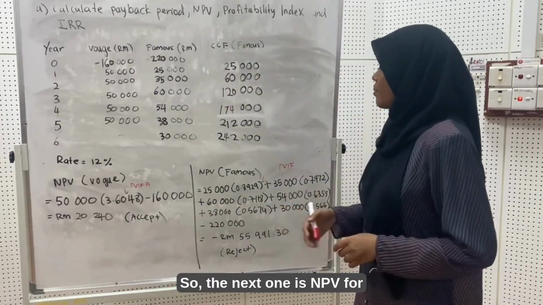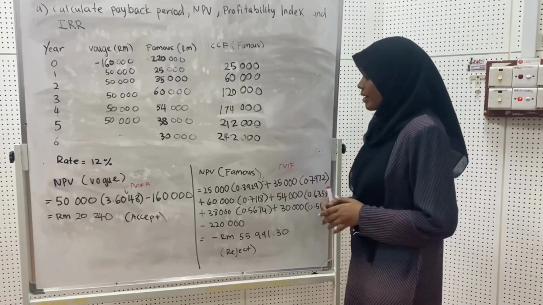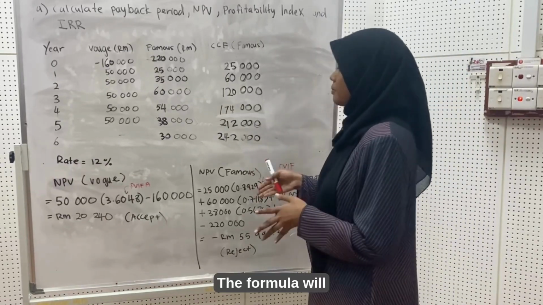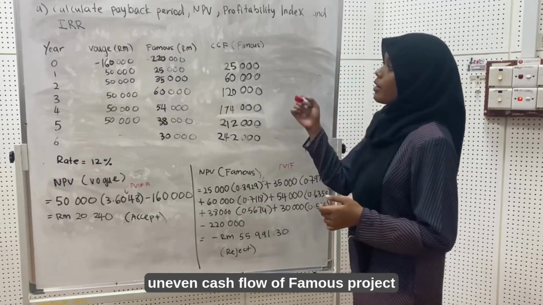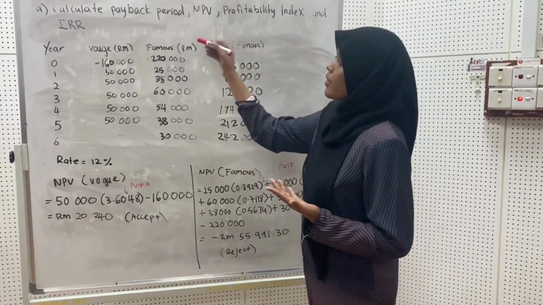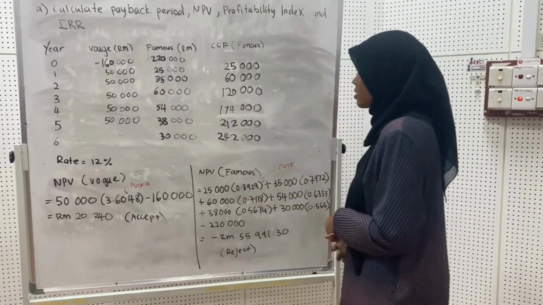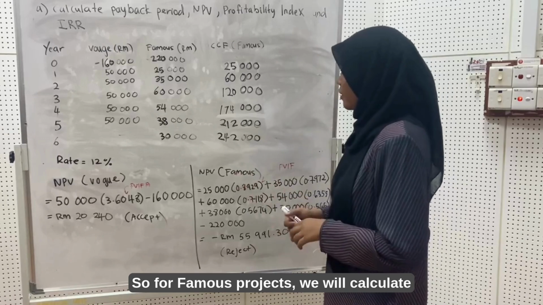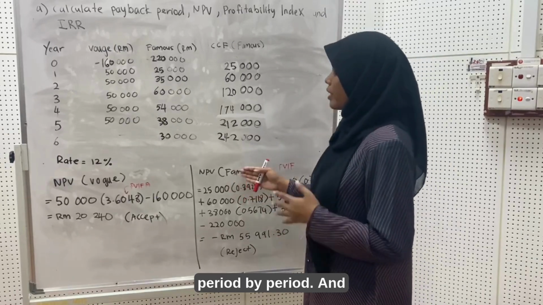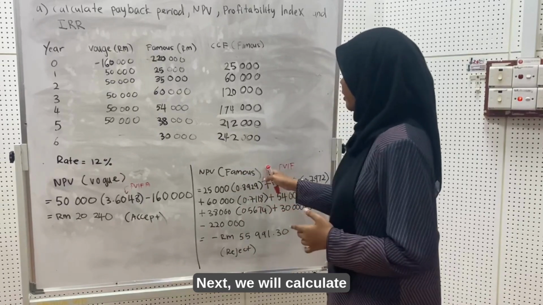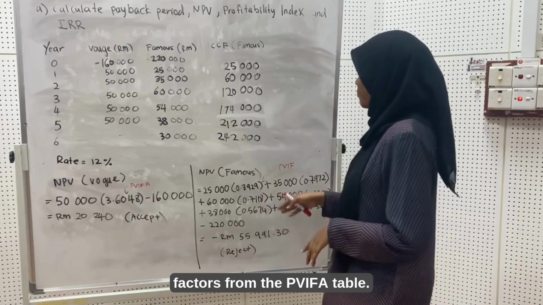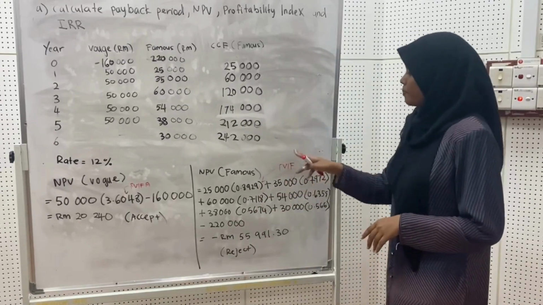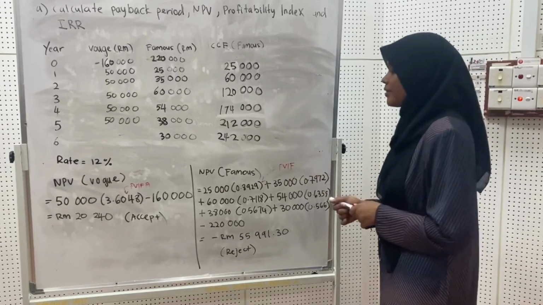So next one is NPV for the famous project. The formula will be different due to the uneven cash flow of the famous project. So for the famous project, we will calculate period by period, and then with its factor from the PVIF table.